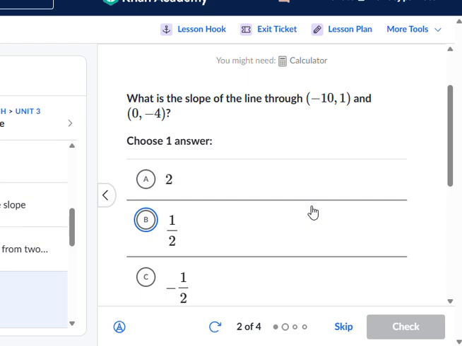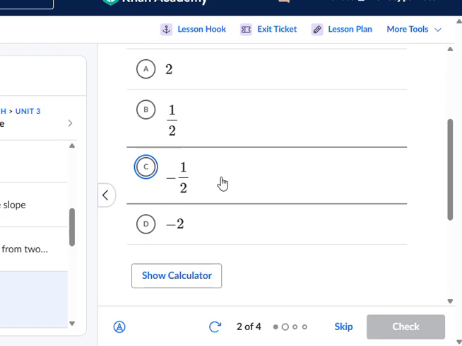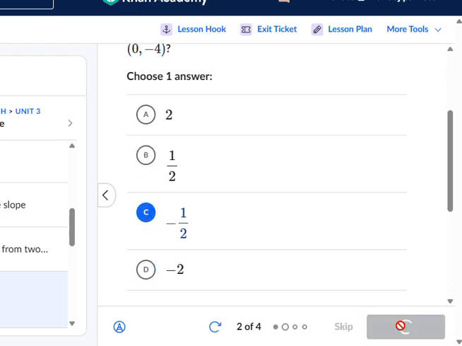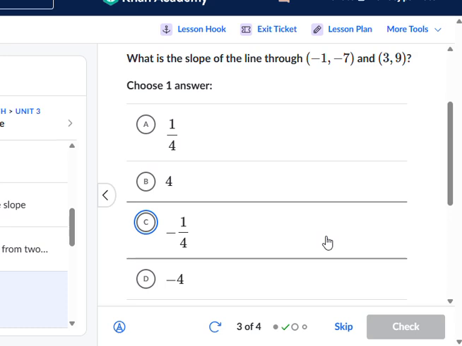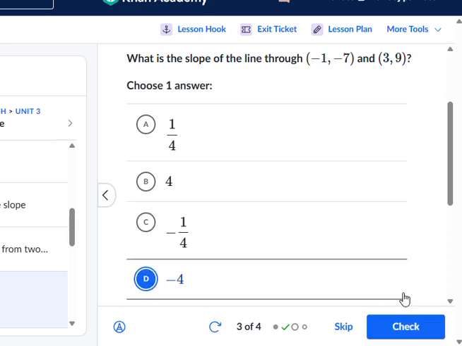The slope of the line is 1 minus negative 4, or 5, so 1/2. Negative 7 minus 9 is negative 16, so negative 4.